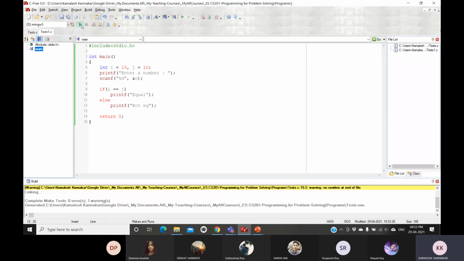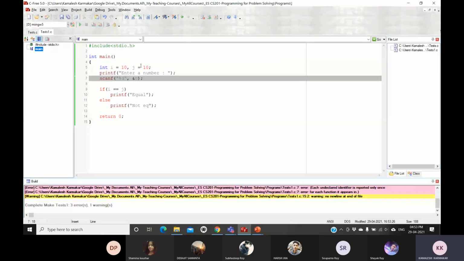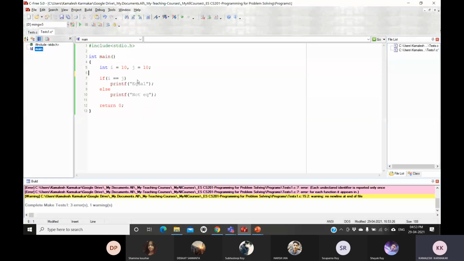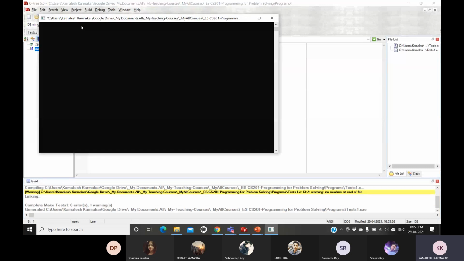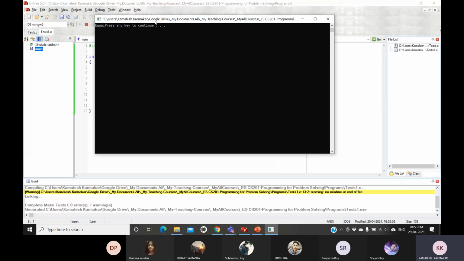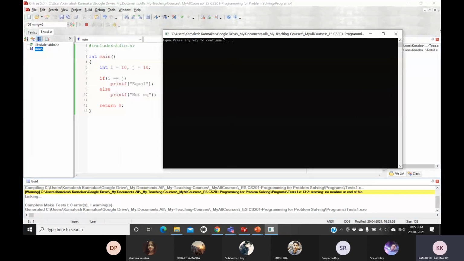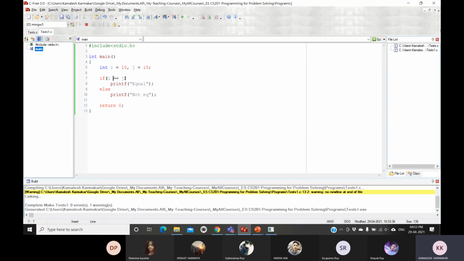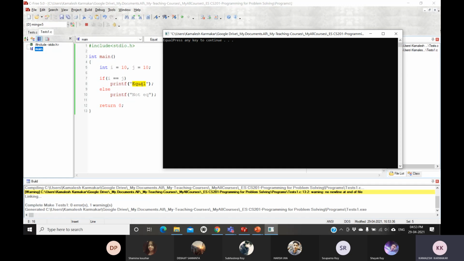In this case, i is 10 and j is 10. So what will be printed here? The condition is equals. Since both of these are equal, it will print equal, as it has printed here.